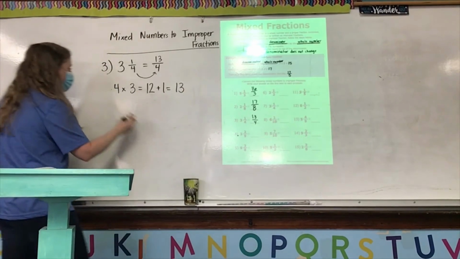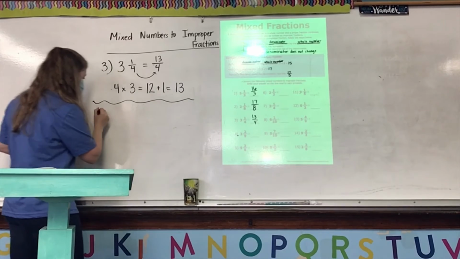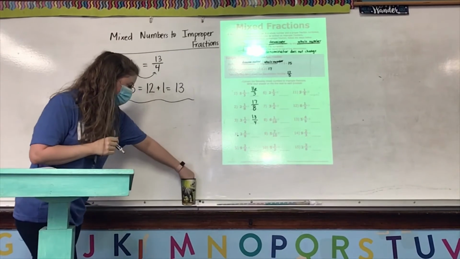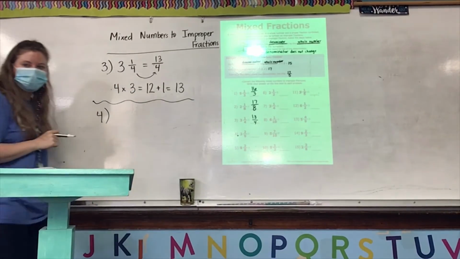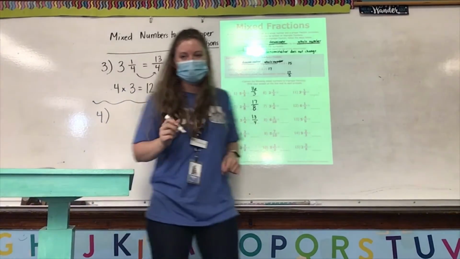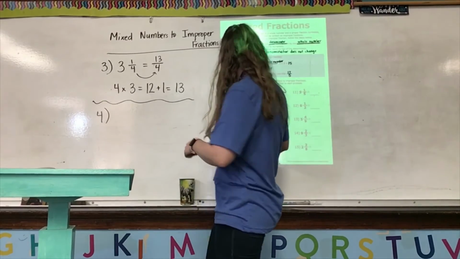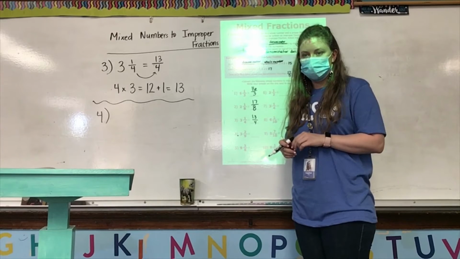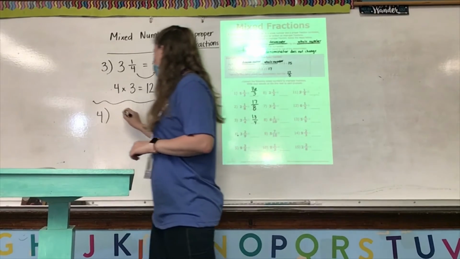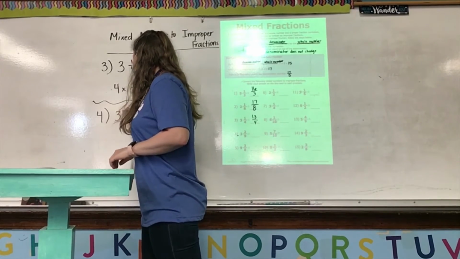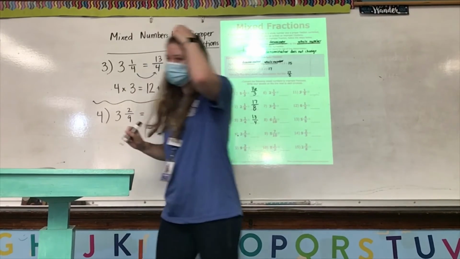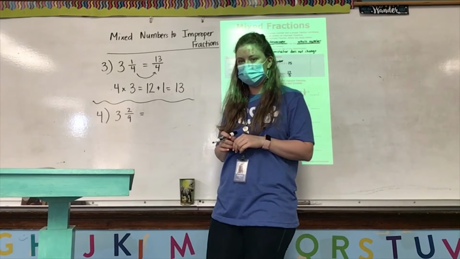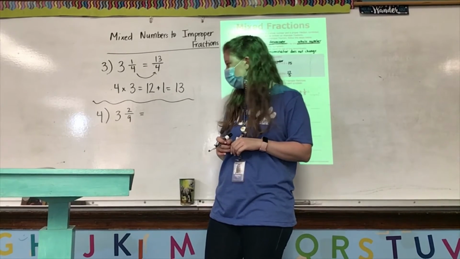13 fourths. Okay, number 4. Zari, what mixed number do we have on number 4? 3 and 2/9. Okay, what do we do first? Multiply the whole.